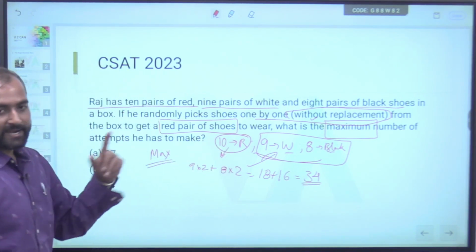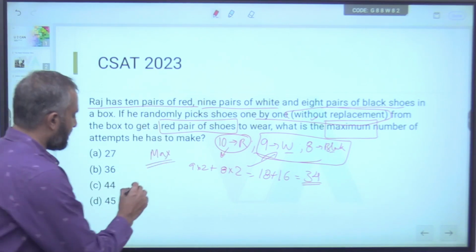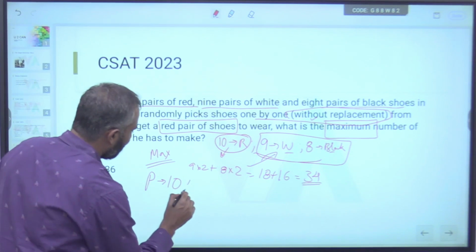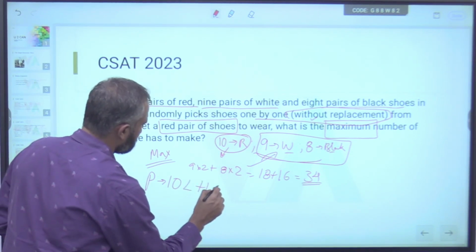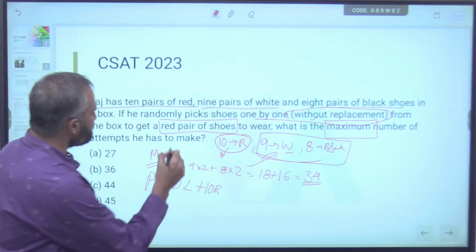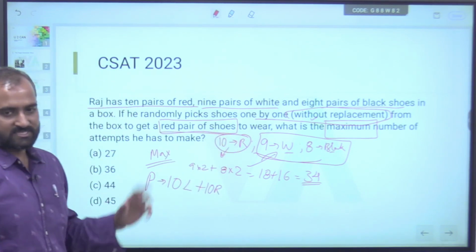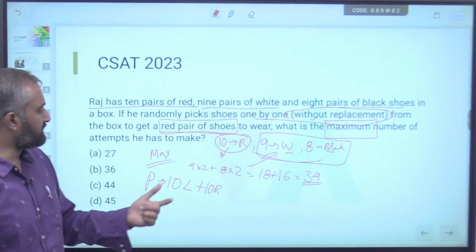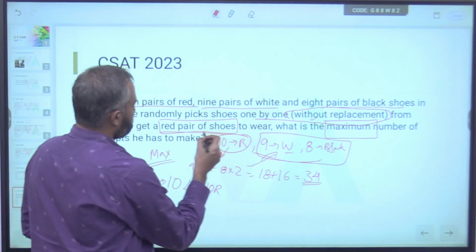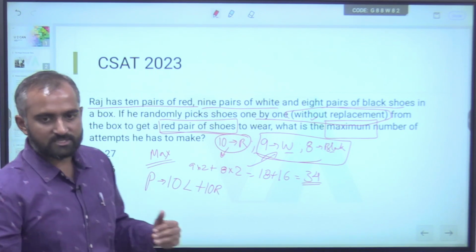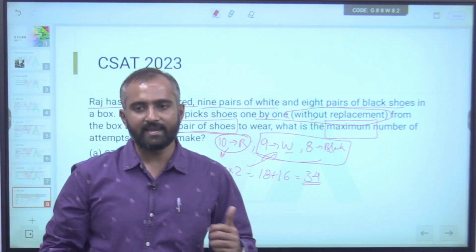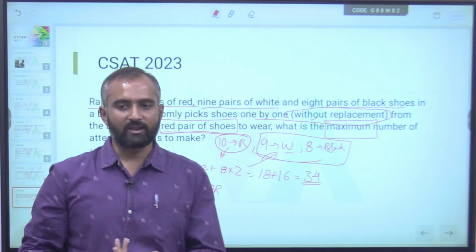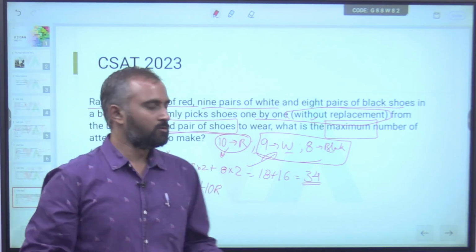Now there are 10 left shoes and 10 right shoes. What we need to make here is a pair. Same way as we did in the previous problems, attack point and basic principles. Because once you follow this process, it becomes second nature to you. You need not guess, you need not force fit random equations or random numbers into whatever they give you.